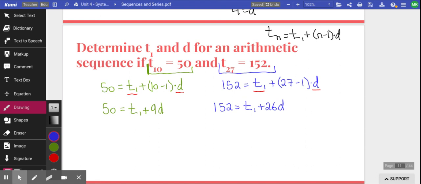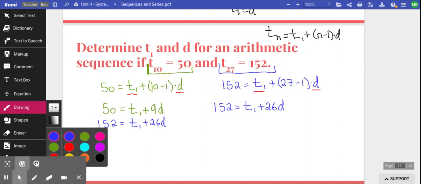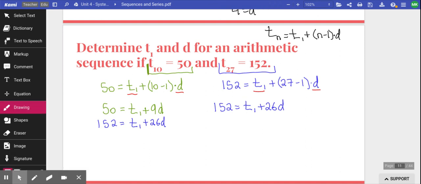If I do elimination, I write one on top of the other one. So I'm going to move the blue one over here, 152 equals T of 1 plus 26D. Looking at these equations, I would subtract them, right? By subtracting, that's going to get rid of my T of 1 term.